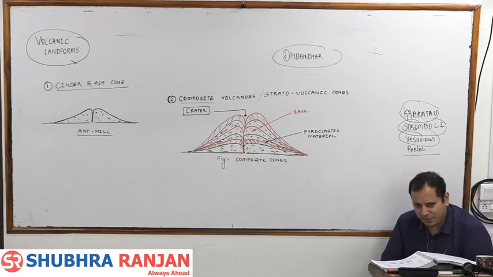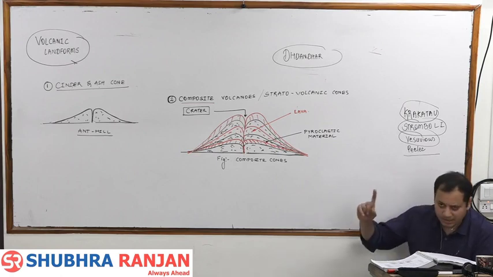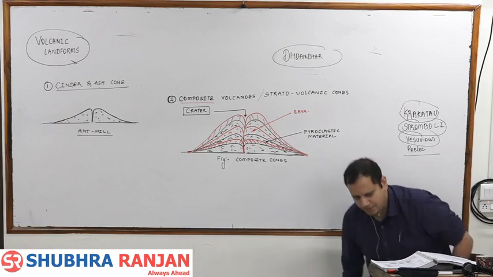Because सारे fold mountains are volcanic except Himalayas. Fine, so these सारे are an example of composite cones.